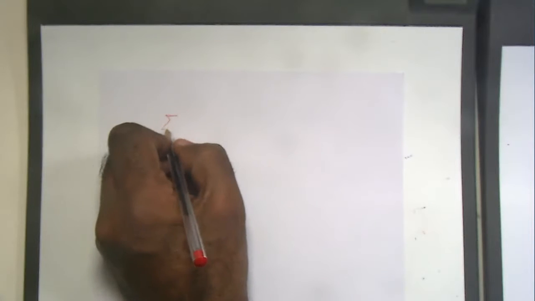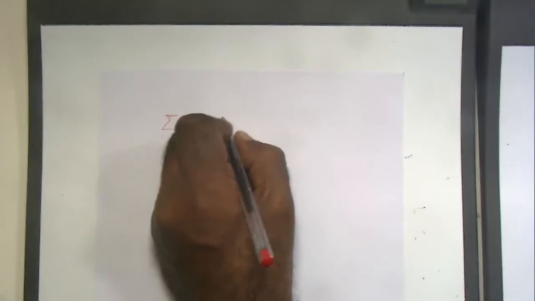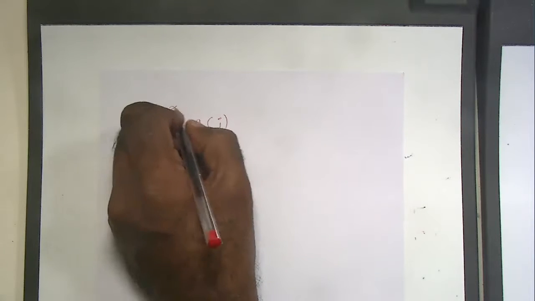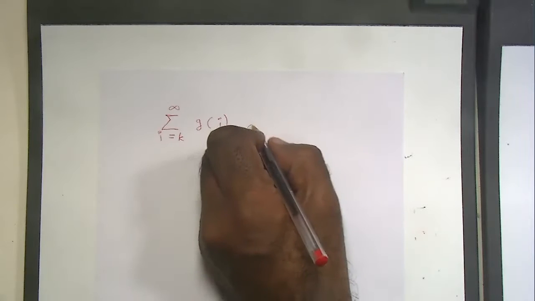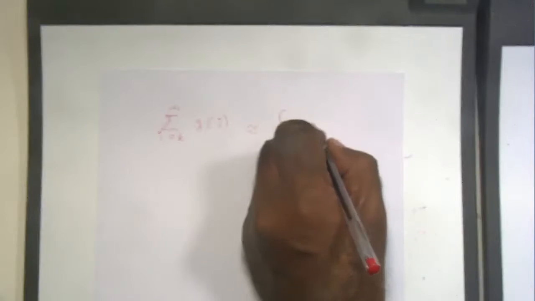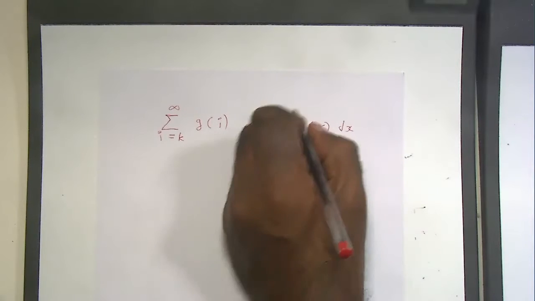There's a trick which says something like this: if you have something like the sum of g(i) from i equals k to infinity, you can approximate this by the integral of g(x) dx from k to infinity.